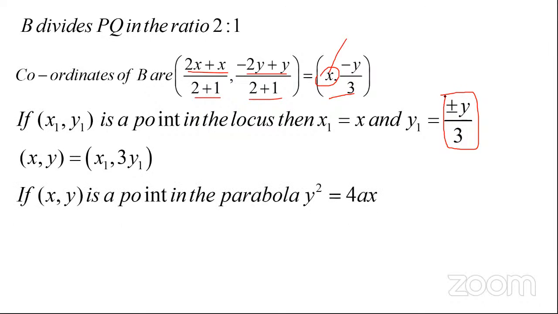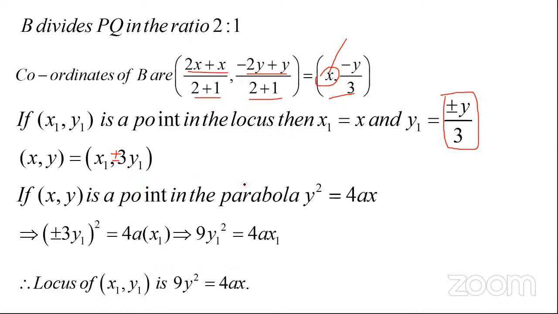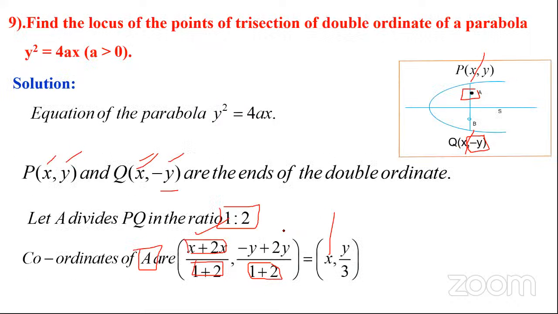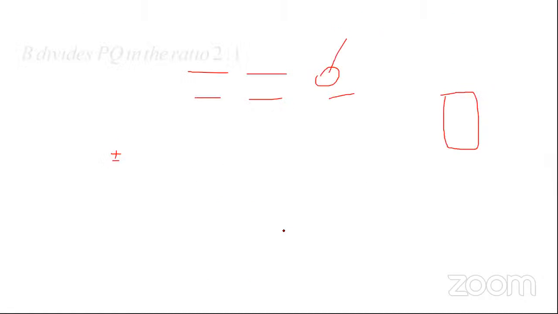If (x, y) is a point on the parabola y square equal to 4x, then just substitute the values: (3y1) whole square, that is 9y1 square, equal to 4a of x1. So the locus of (x1, y1) is 9y square equal to 4ax, that is 9y square equal to 4x. This is the locus of the points of trisection of a double ordinate of the parabola y square equal to 4x. Okay. Next.